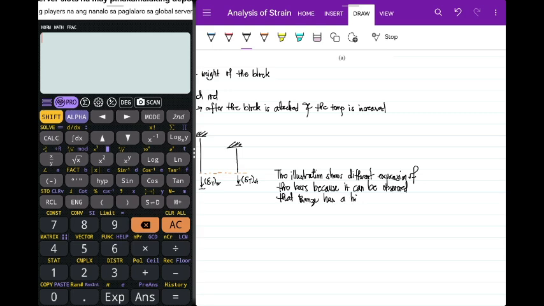Okay, so just making some subscripts. The two rods at the side are the steel bars, and the rod at the middle is a bronze bar.